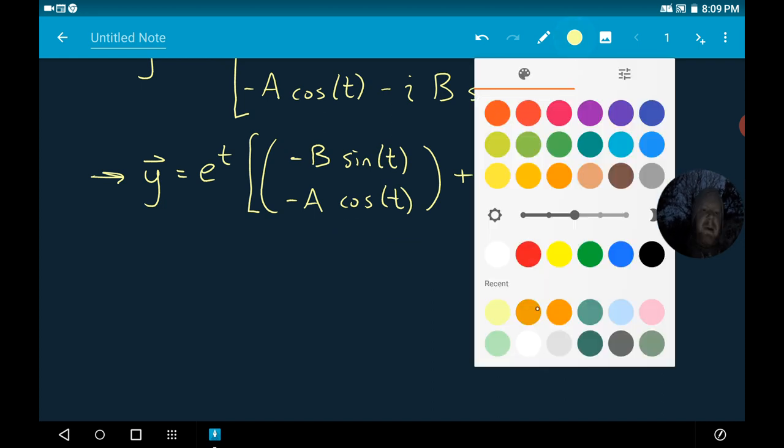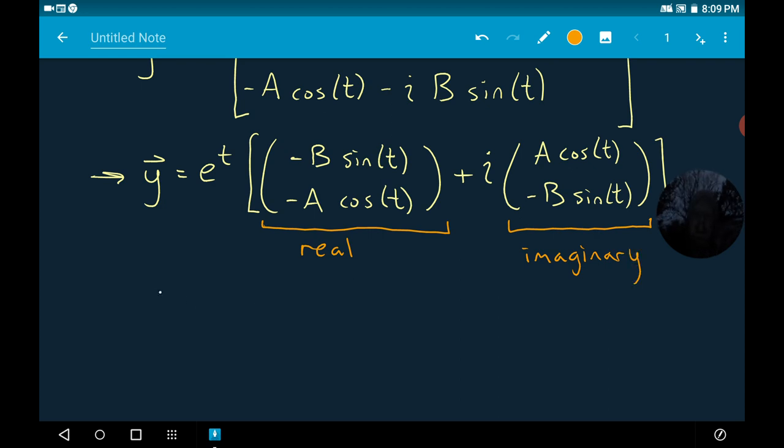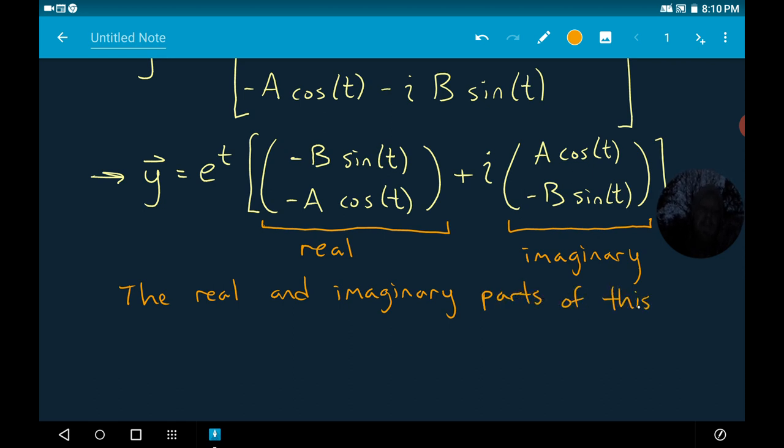Now that I have my real and imaginary parts, this is real, this is imaginary. The real and imaginary parts of this solution. And then we will have to multiply both of these by e to the t.